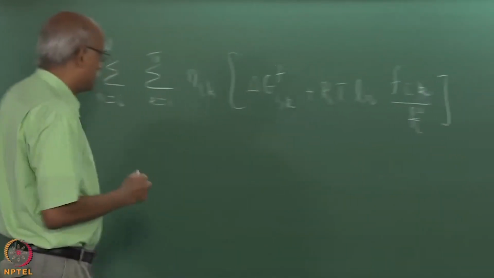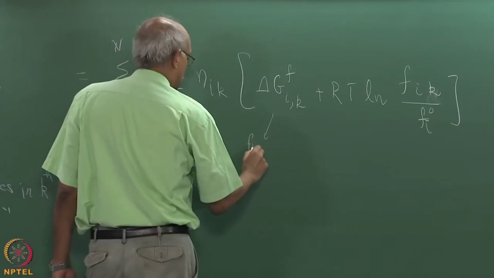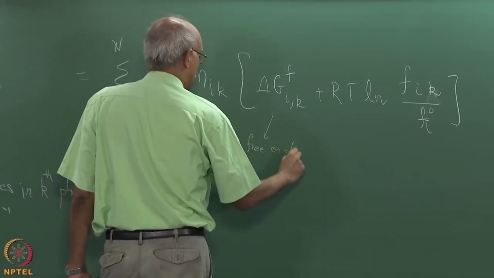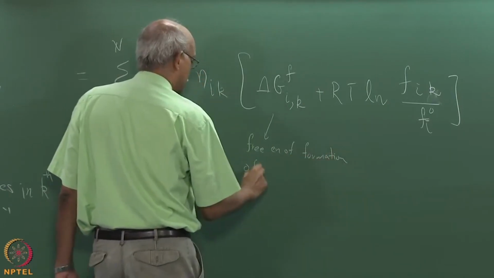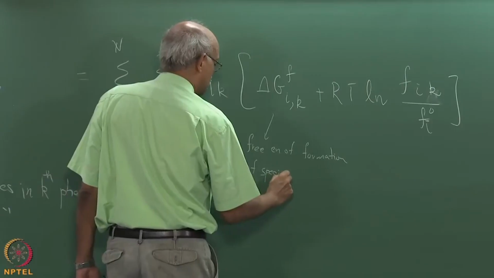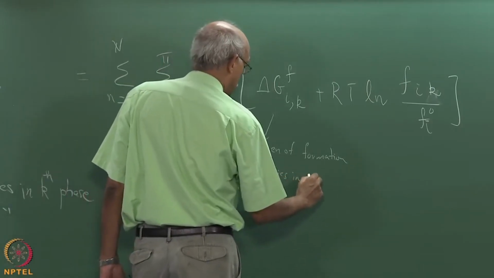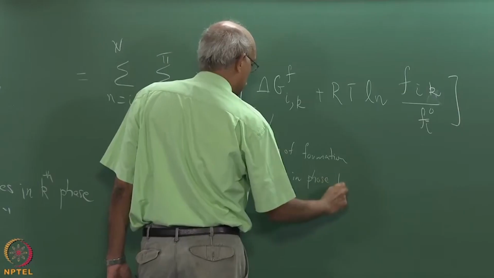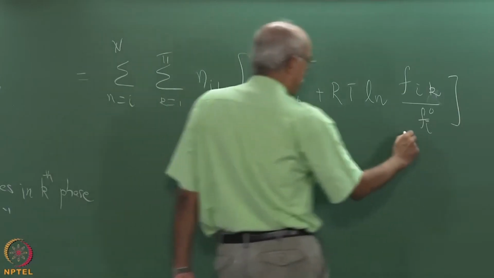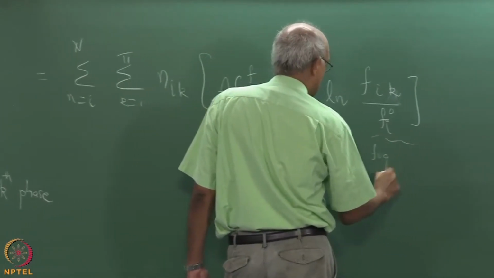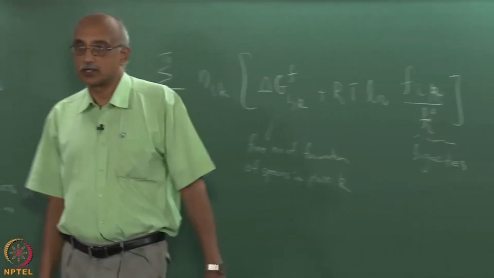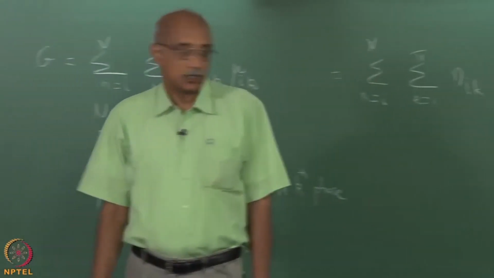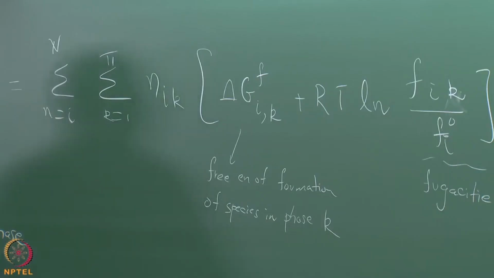So the delta G ik is the free energy of formation of species i in phase k, and the F values are the fugacities. So, Fik is the partial fugacity of species i in phase k, and Fi 0 is the fugacity of pure species i.